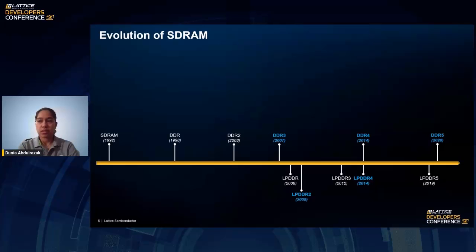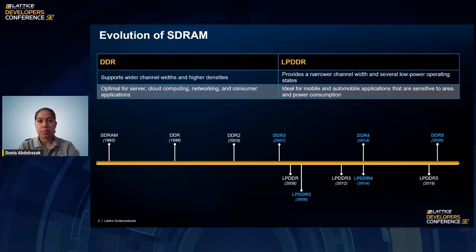So what's the difference exactly between DDR and LPDDR memories? Well, DDR is typically used in applications where high performance is an absolute requirement, and LPDDR is a more power-conscious solution intended for applications with low power requirements.